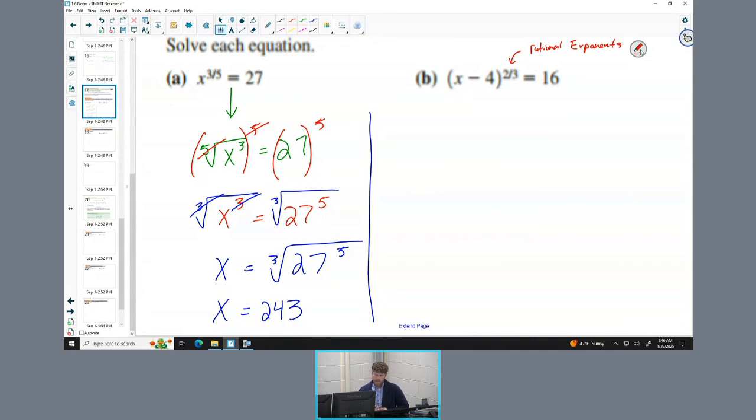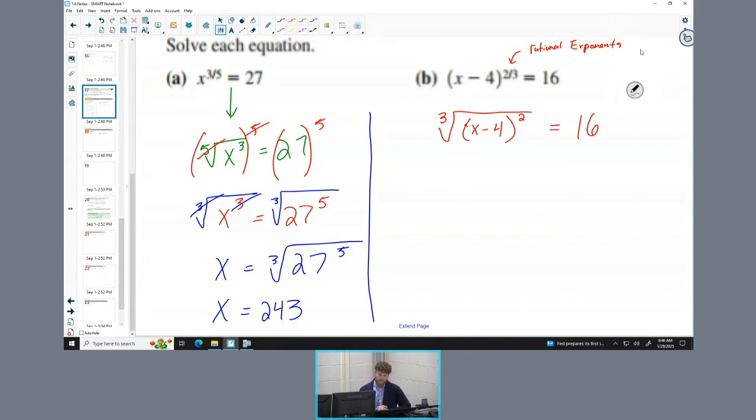Rational exponents, that's an exponent that's a fraction. I want to put it in radical form, which means that it's going to have that square root symbol, except in this case, it's going to be a cube root. And this is the cube root of (x minus 4) squared, and that equals 16.